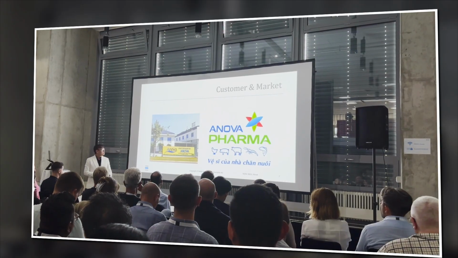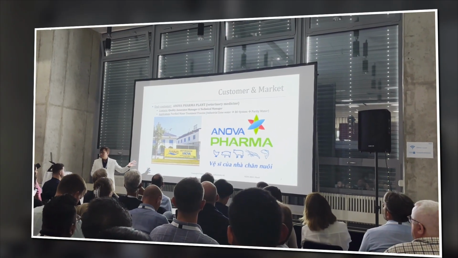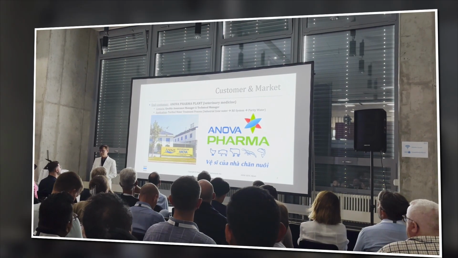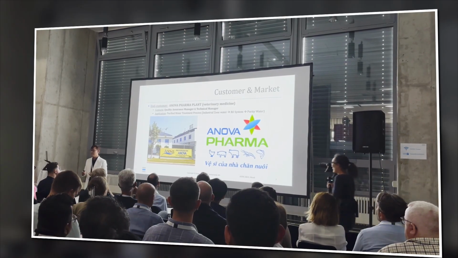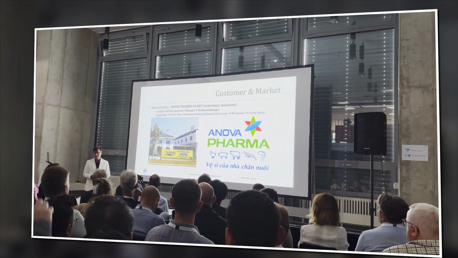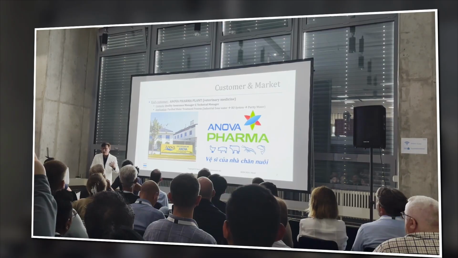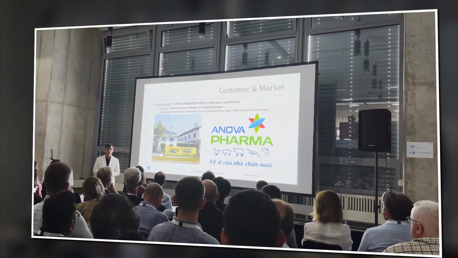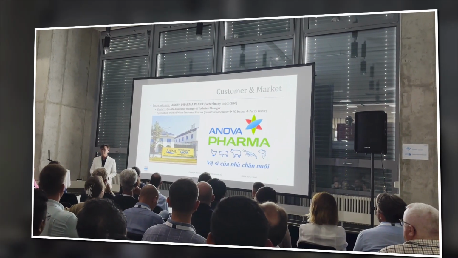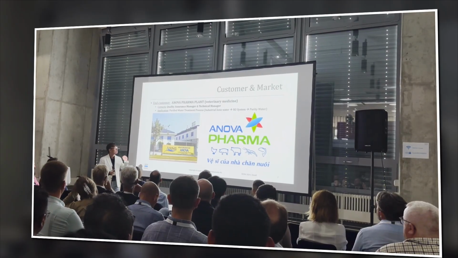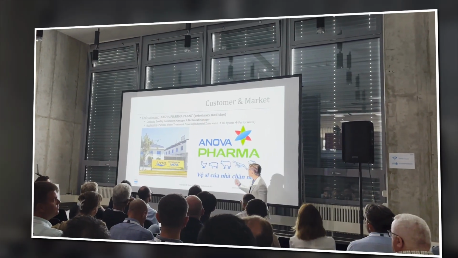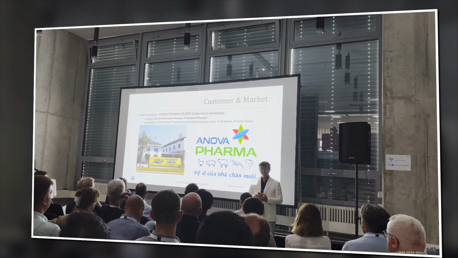So this plant is manufacturing veterinary medicine to help or to save the animals or the cattle in the farm. And through discussions with the quality assurance manager and the technical manager, I was successful with this project.